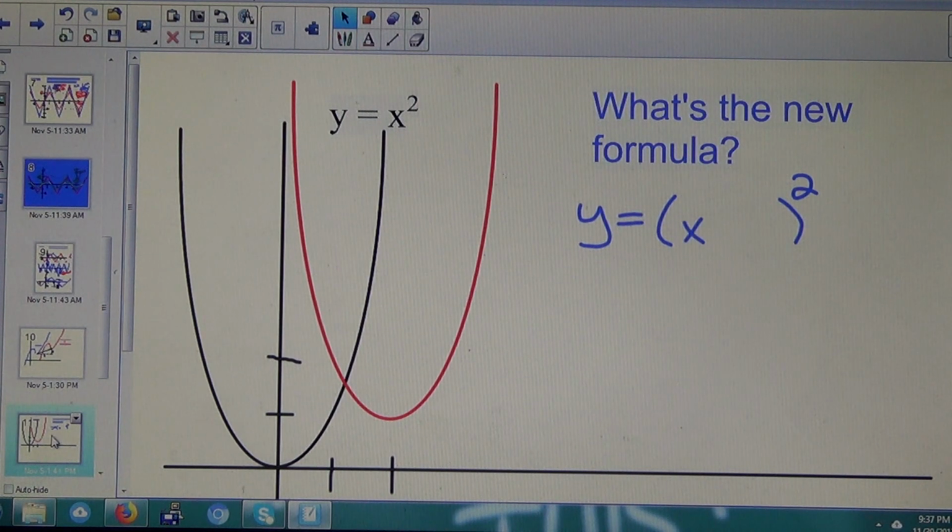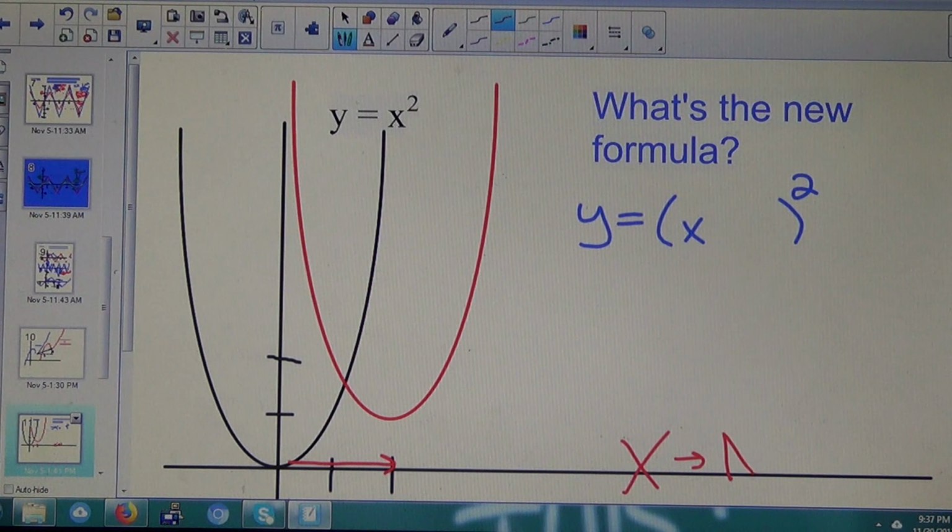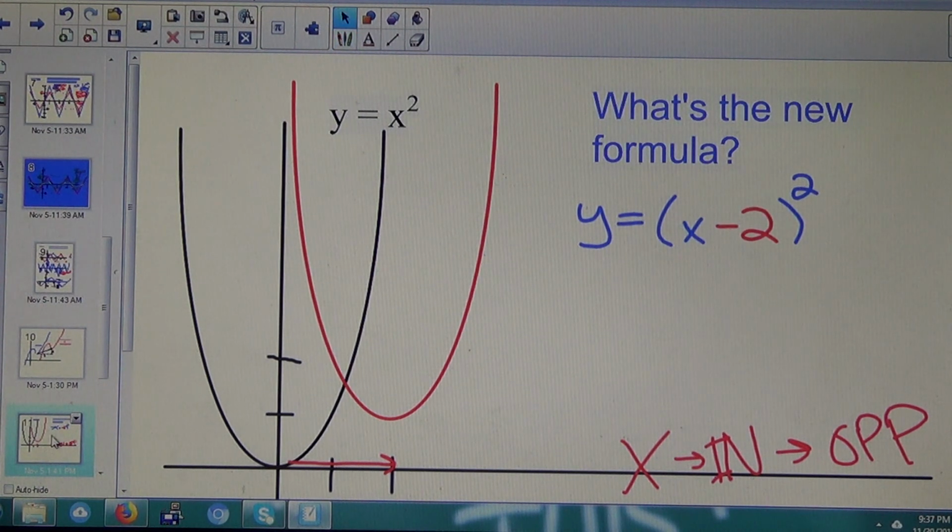So where is it shifting from the black to the red? We know it's moving to the right 2, that's on what axis? X's, which means it's going to be on the inside, and we're doing the opposite. So what's the opposite of a +2? See how it goes on the inside? Alright, what's happening here?